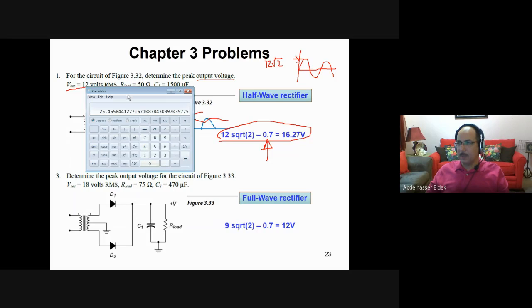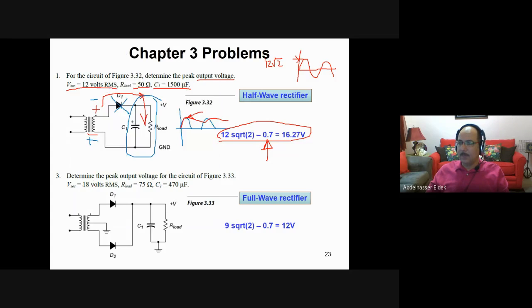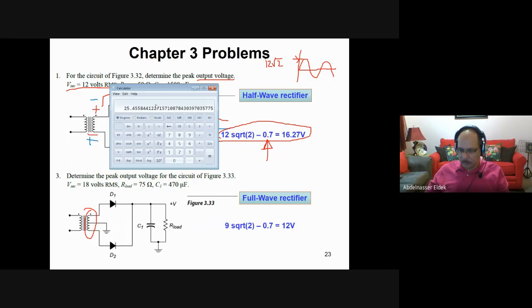The output for this circuit is half of this voltage because you have a ground here. Ground is the middle. So you have to divide this voltage by 2. You use only half of it.